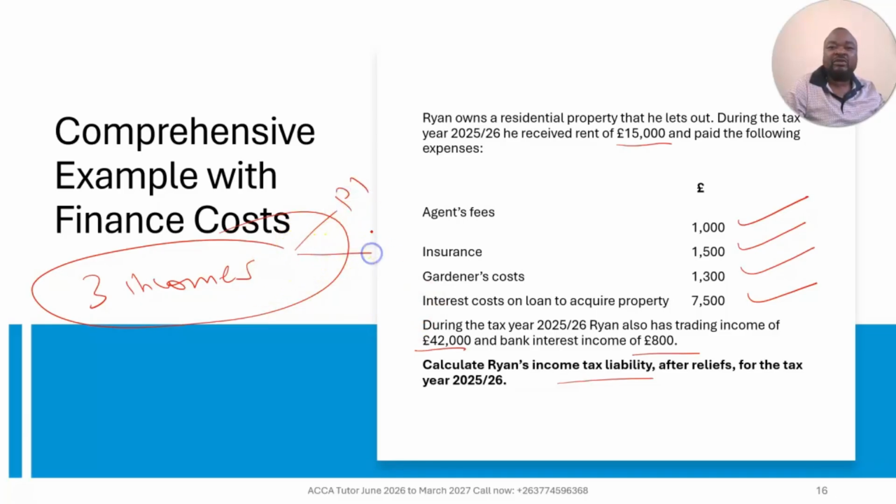Then we are told of the trading income, as well as the investment income, savings income or bank income, because there was some interest income there. So these first two, the property income and trading income, they constitute what is called non-savings.